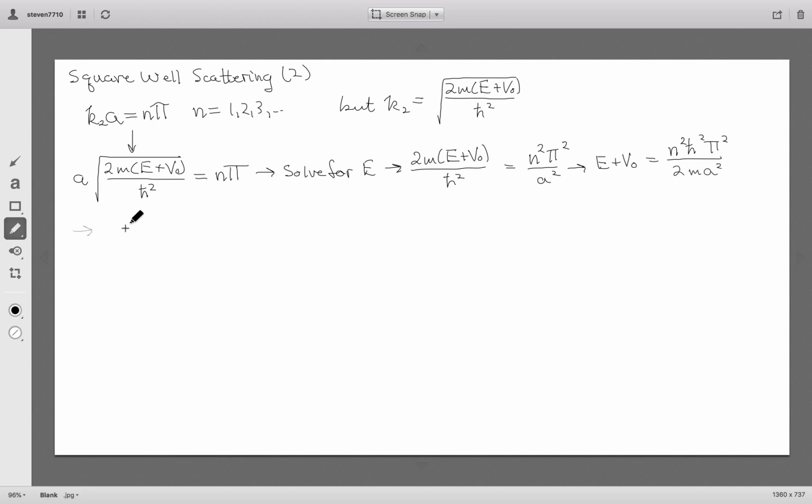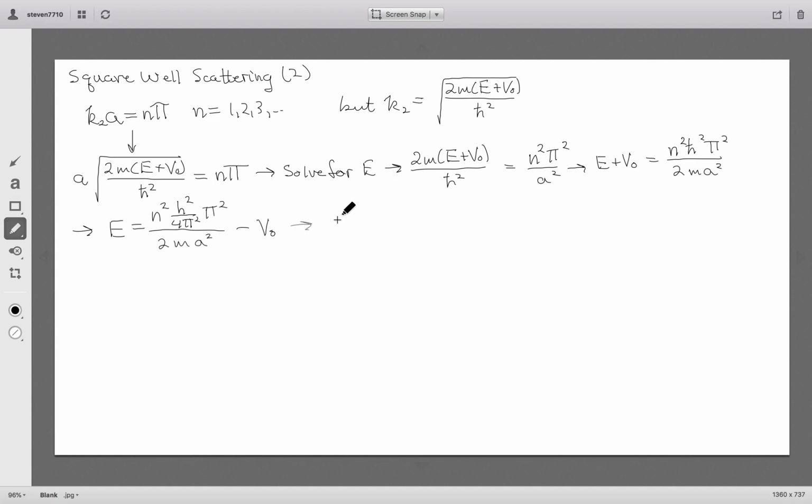Continue on with our work here and solve for E. What I'm going to do is write out h bar in terms of h over 2 pi, so we have something more familiar. So it's h squared over 4 pi squared instead of h bar squared, and that's times pi squared over 2m a squared minus V0.